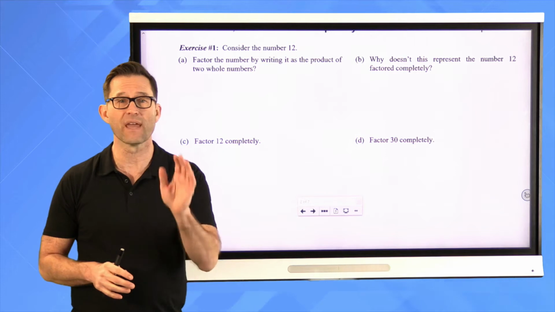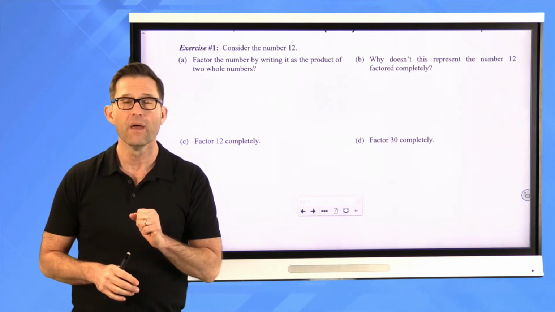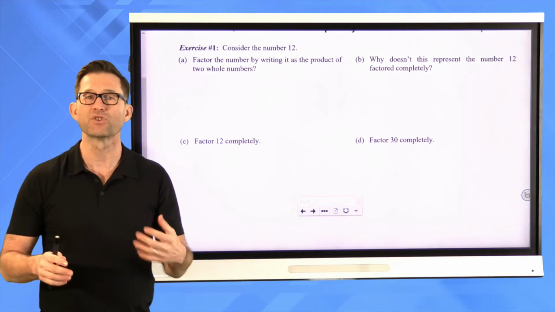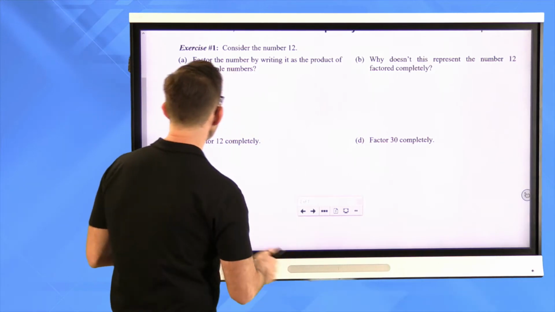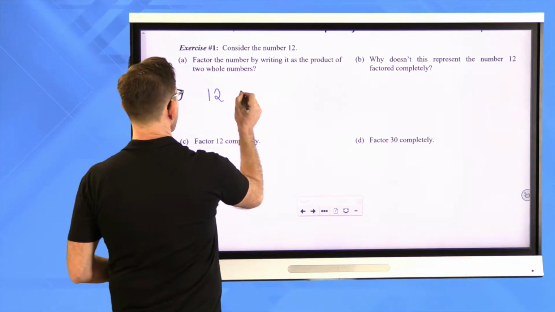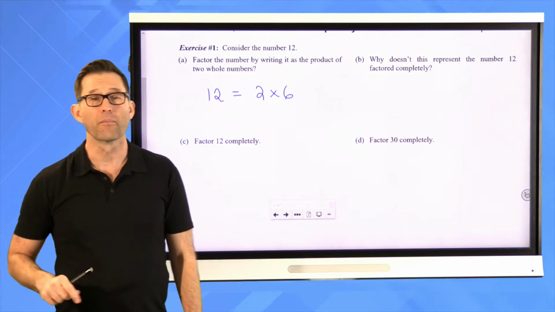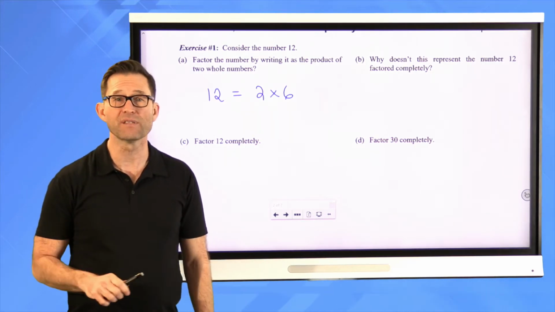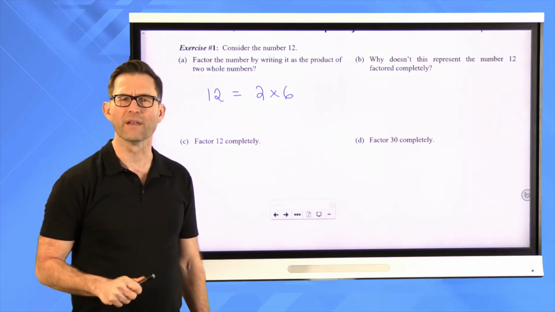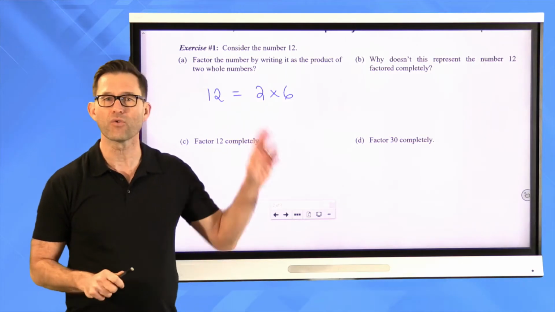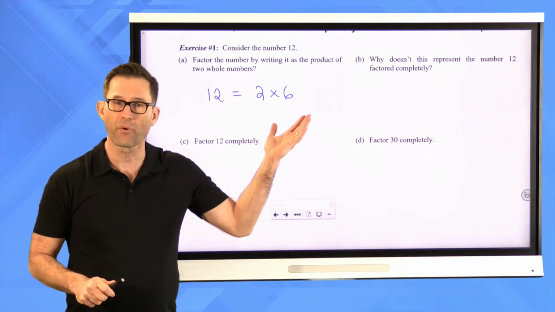But let's do it together so that we start with the same numbers. So we could say that 12 is equal to 2 times 6. And if I said to you factor the number 12 and you wrote down 2 times 6, I would give you a 100% because you had written 12 as an equivalent product.